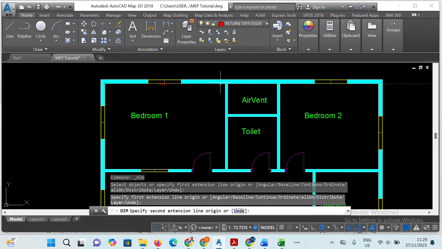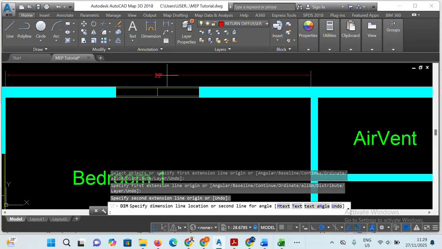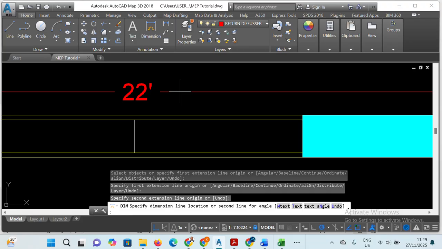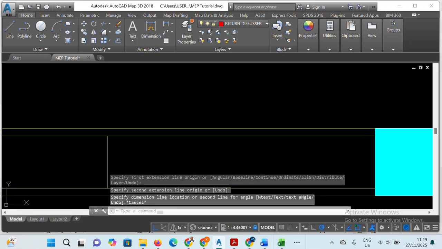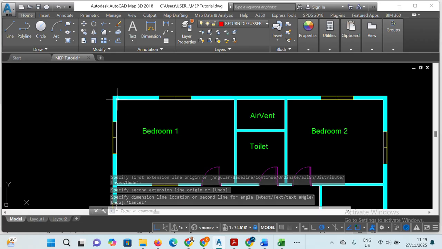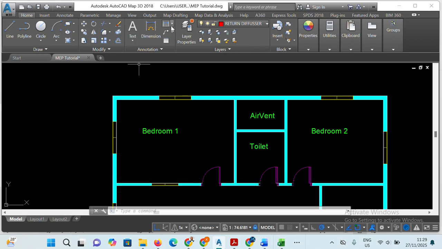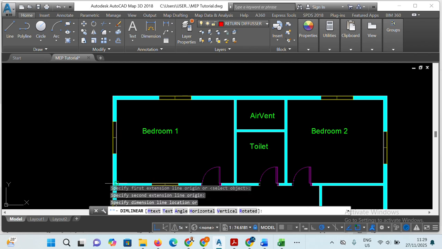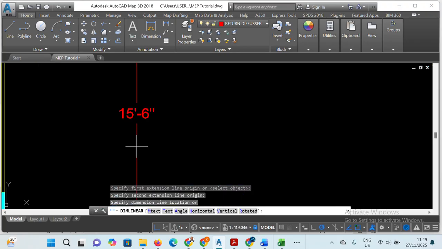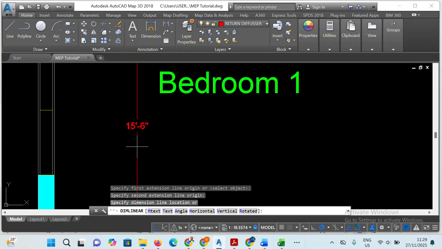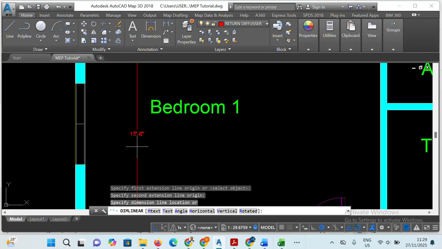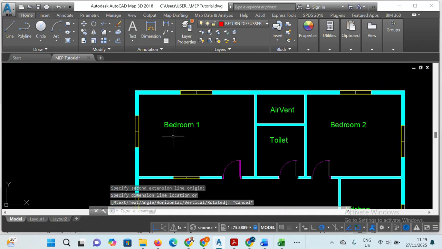From here to this particular end point we have a distance of 22 feet, and the height from here to this is 15 feet 6 inches. We can convert these to inches since our terminal devices are measured in inches.